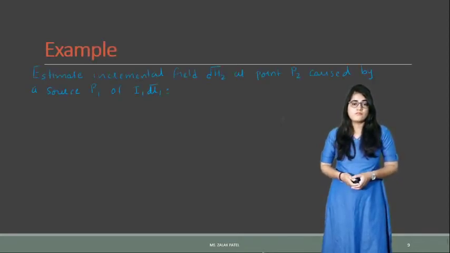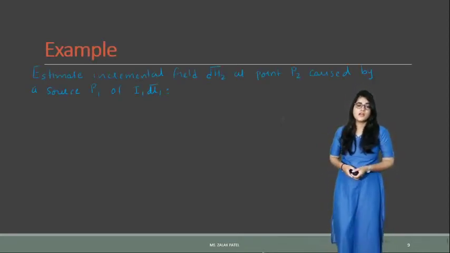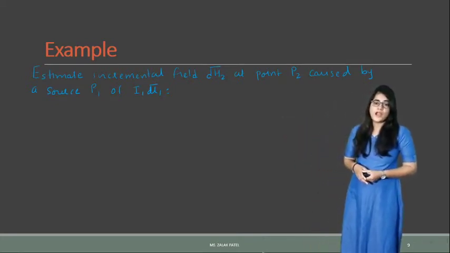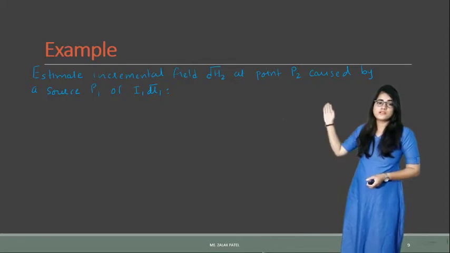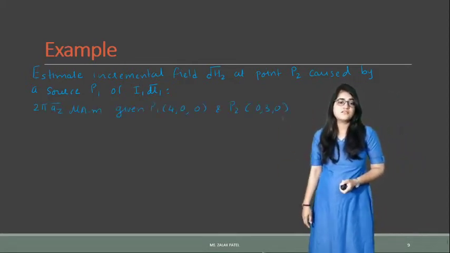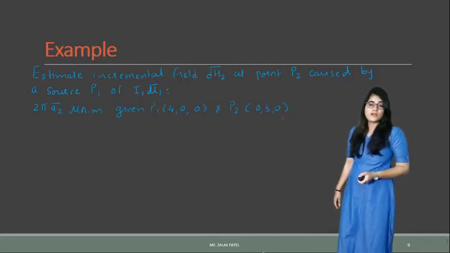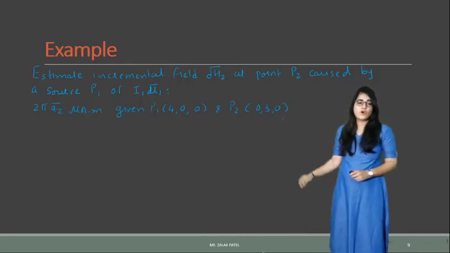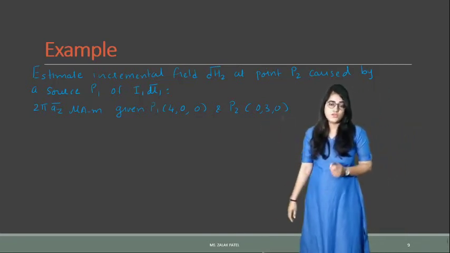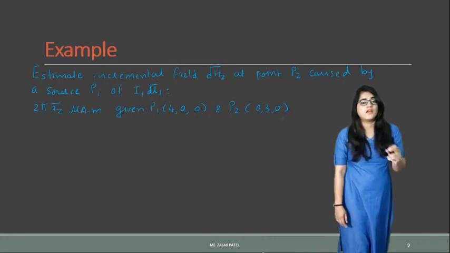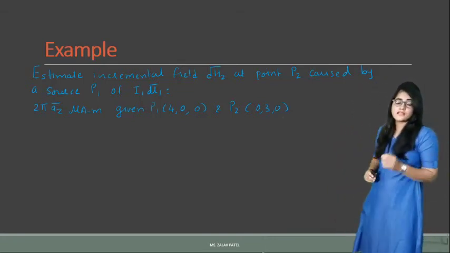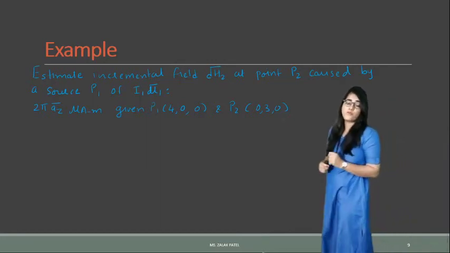Now let's see one example related to it: estimate the incremental field dH2 at a particular point P2, caused by a current element I1 dl bar, that is 2 pi az bar microampere meter. Given point P1 is (4,0,0) and P2 is (0,3,0). So here two points are there, P1 and P2, and we have to find the differential field intensity at the second point, that is at point P2.